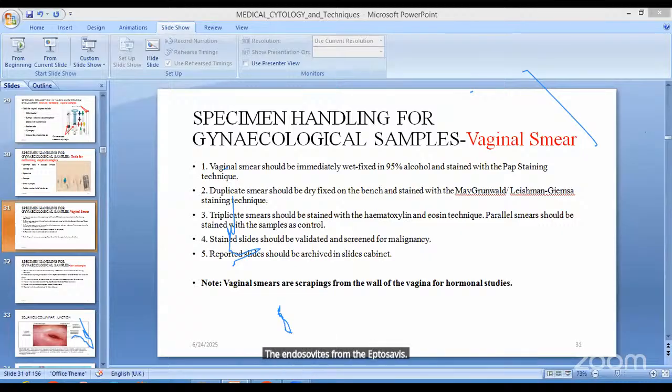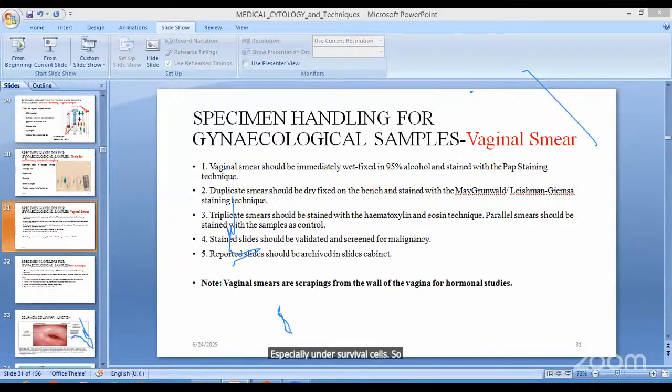So the idea is actually that you have samples and cells from both the ectocervix and the endocervix. The ectocervical cells will be your squamous cells, while the endocervix will give you the advantage to collect glandular cells, especially endocervical cells.